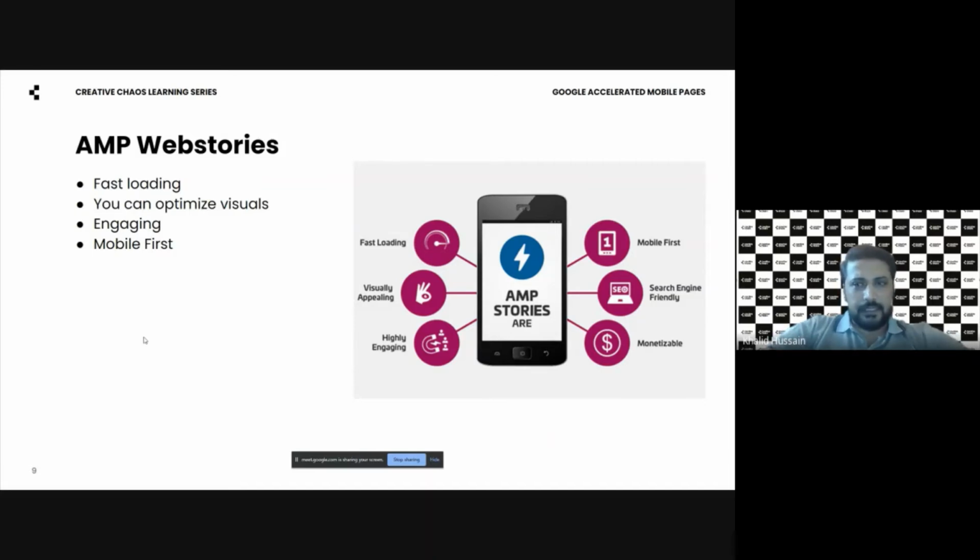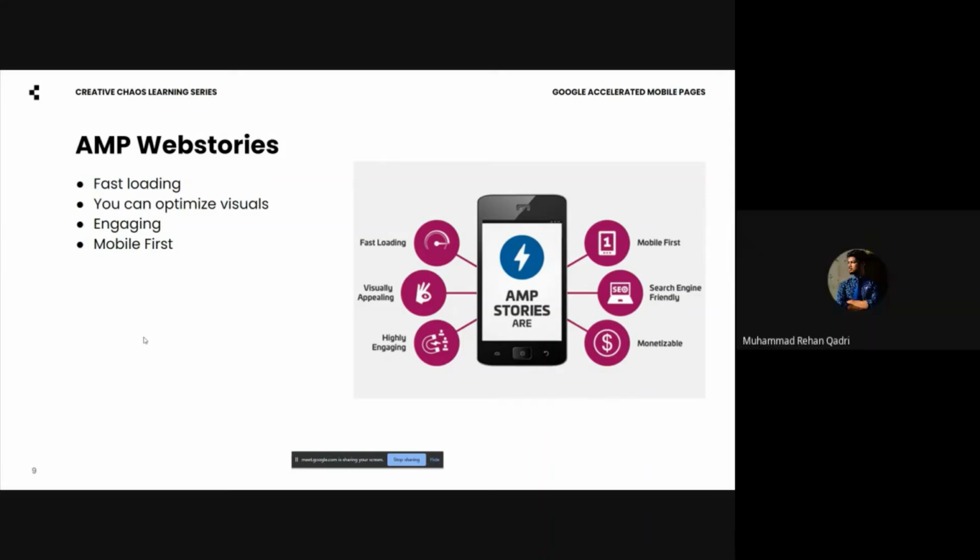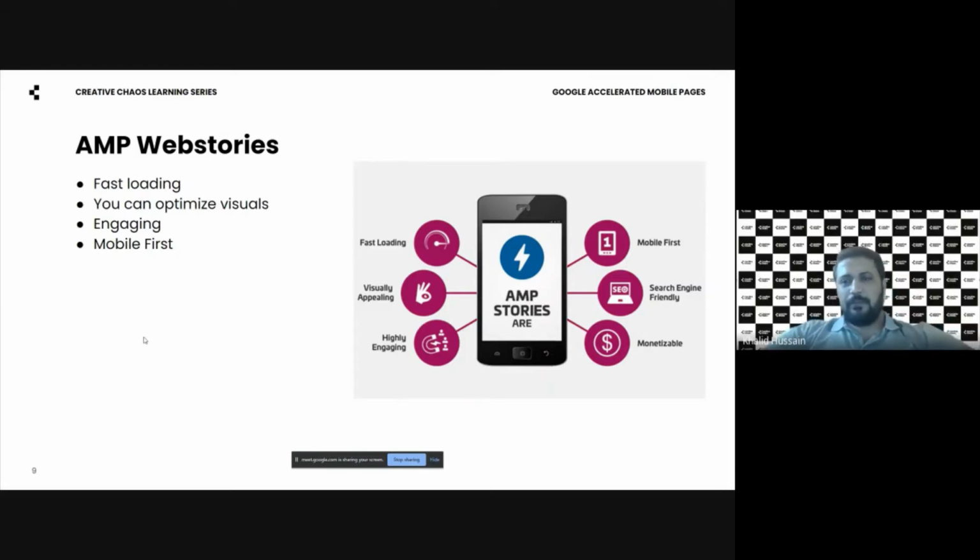Anyone else? Yeah, I have a question. So what I could understand is, is it similar to progressive web app? If not, then I couldn't really grasp it. So progressive web app is something different.